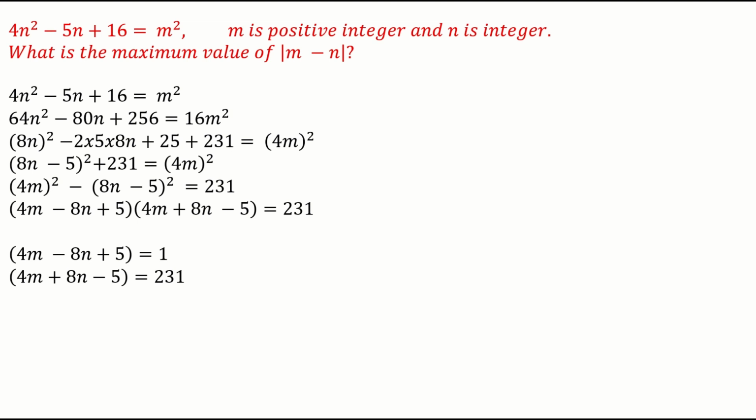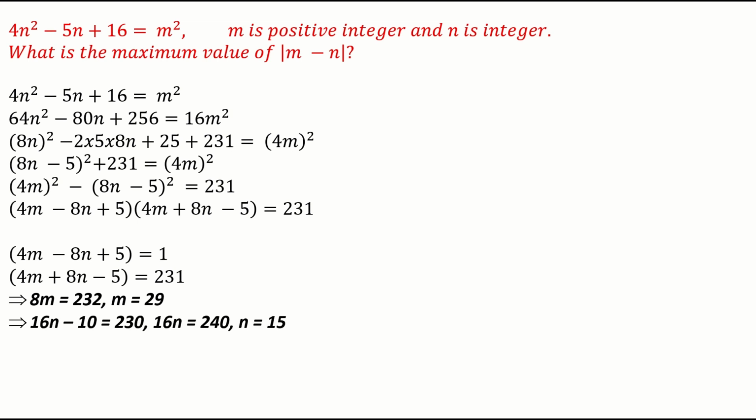These are the possible values for m and n as integers, right? So I choose the bigger number, 231, for 4m plus 8n minus 5 and the smaller one, 1. If you sum up, you will get 8m equal to 232, or m equal to 29. And if you subtract, you will get n equal to 15.